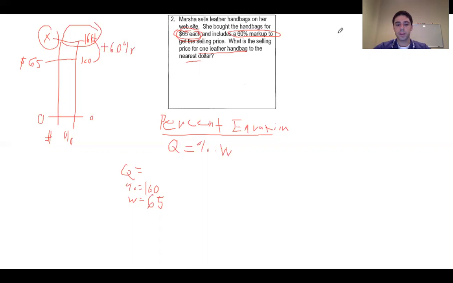So then what is our Q? Exactly, our Q will be X. It is currently going to be unknown.